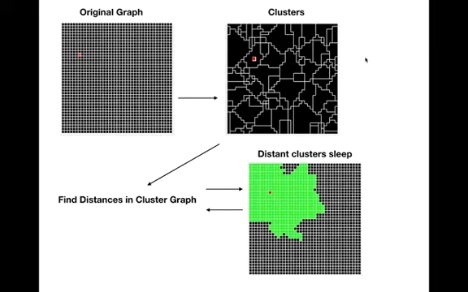Here's what the process might look like. So the red dot is where the BFS frontier has reached. The green region is all the nodes that are awake and listening. And the black region is the nodes that are sleeping or have gone back to sleep because the frontier reached them and passed by them.